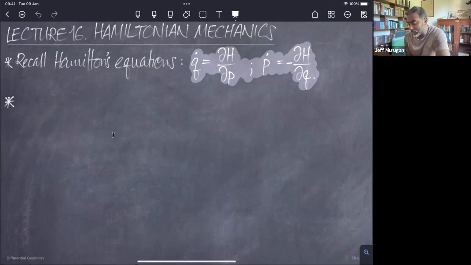In which case, the Hamiltonian equations of motion were two first-order equations that read q dot is dH by dp, and p dot is minus dH by dq.